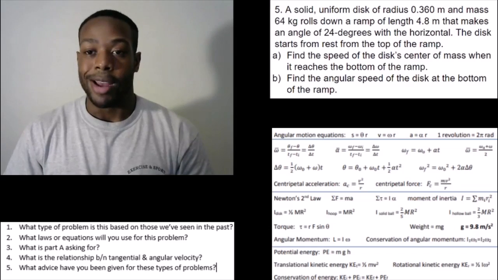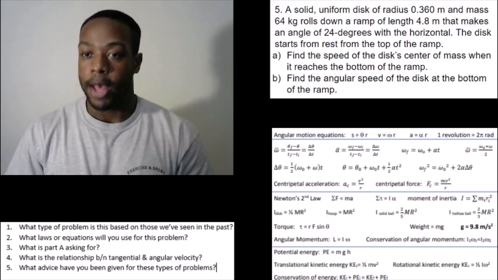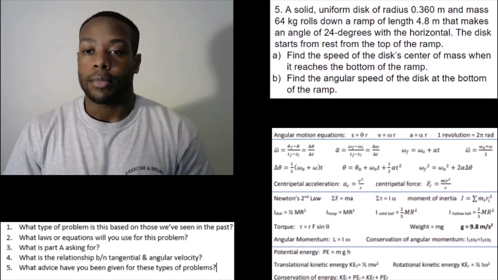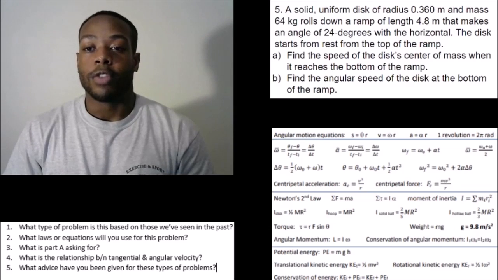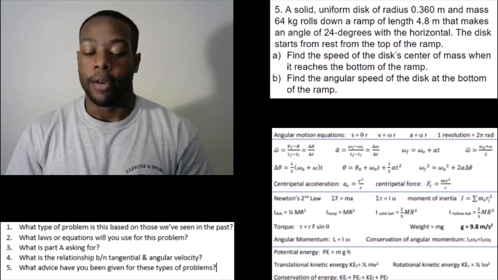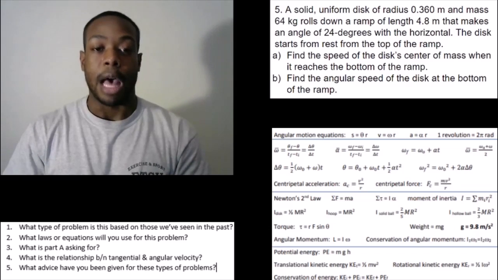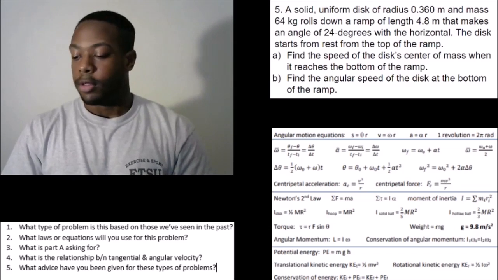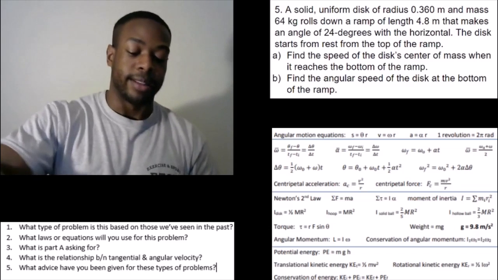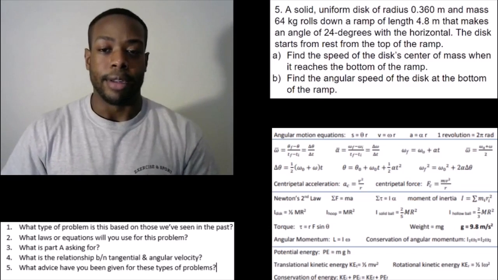So right now, I'll just write out what we know. So take some time to do that. And we also know that this starts from rest at the top of the ramp. So let's actually draw this as well, because I think that will give you a good idea of what you need to do here.